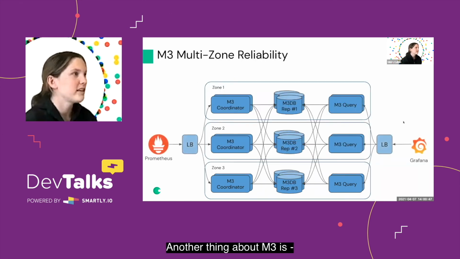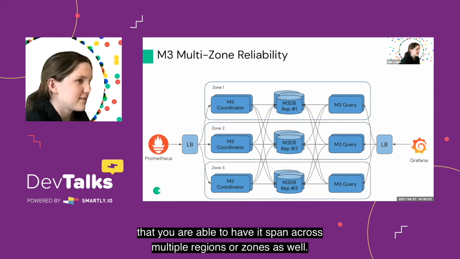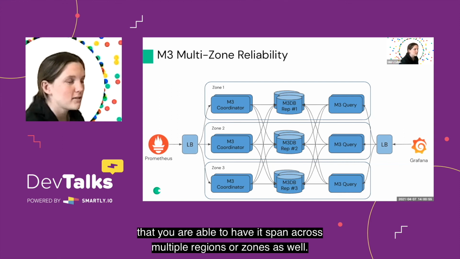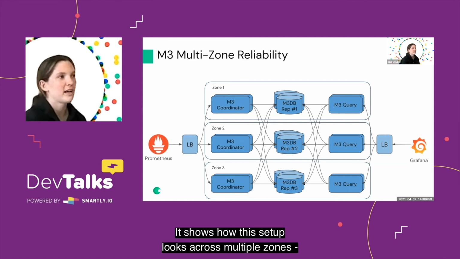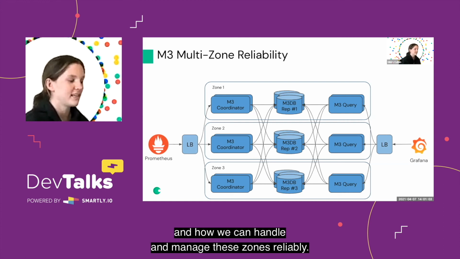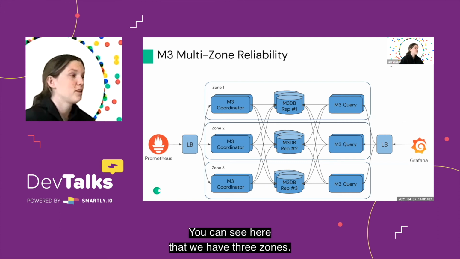Another thing about M3 is that you are able to have it span across multiple regions or zones as well. We'll be talking about zones in this slide, which will show you what that setup looks like across multiple zones and how we can manage these zones reliably. You can see here we have 3 zones.